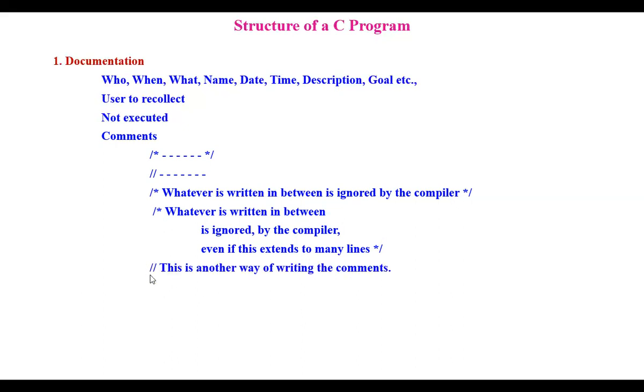Also, we can write by taking two forward slashes, you can write the comment whatever you want. It depends on the individual; by taking just two forward slashes, I may want to write the comment. So it's an individual decision. But when you want to extend these comments for a number of lines, you have to use this in the beginning and in the end. Okay, so this is the documentation part.